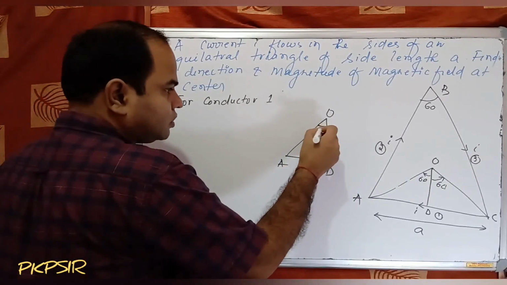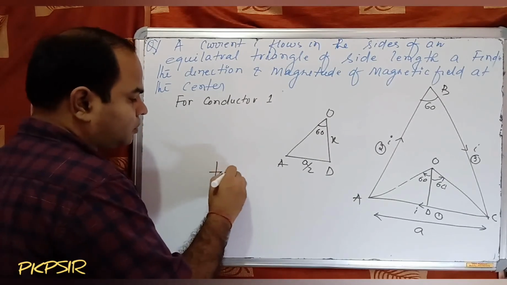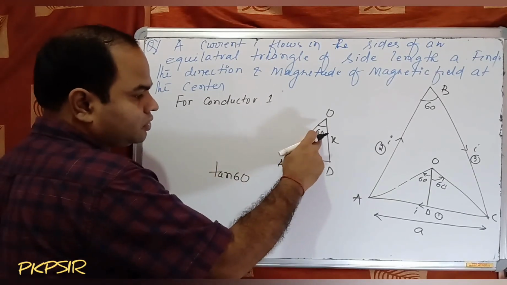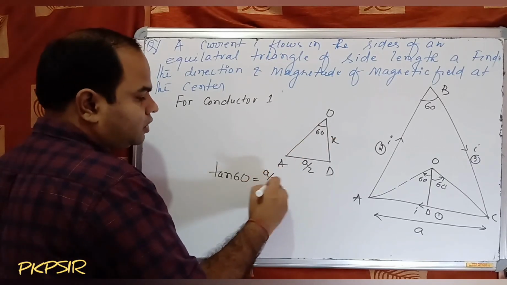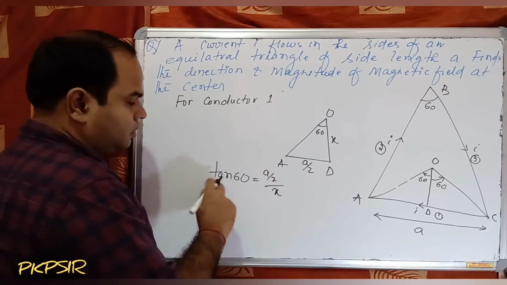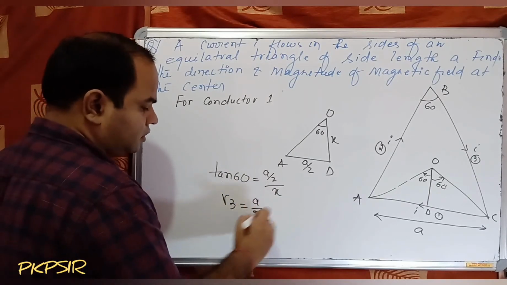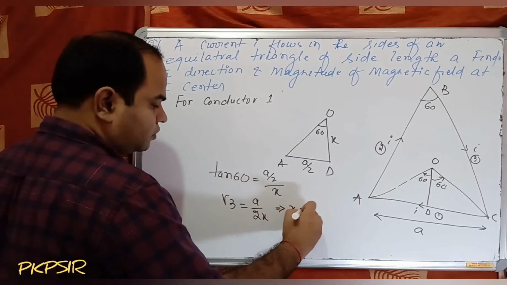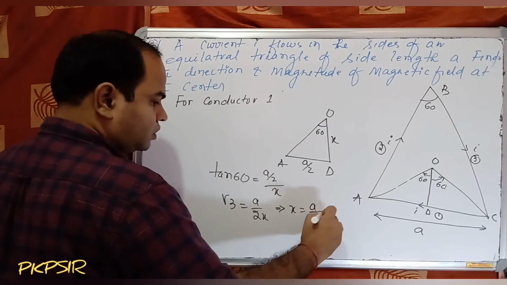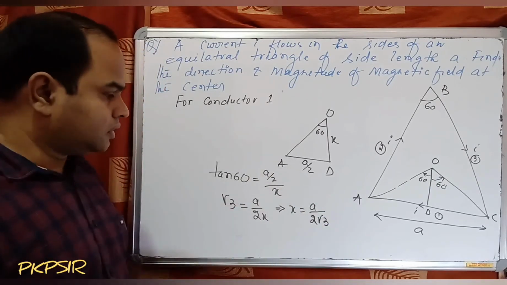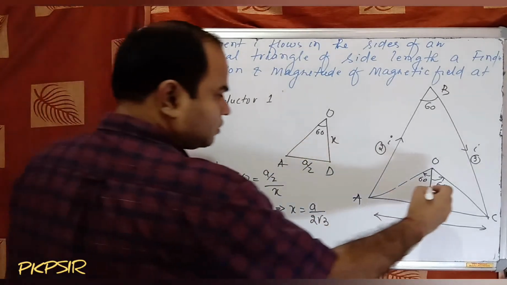The angle is 60, so tan 60 equals height by base. The height is A by 2, the base is x, and tan 60 is root 3, so root 3 equals A by 2x. So x is A by 2 root 3, the perpendicular distance.